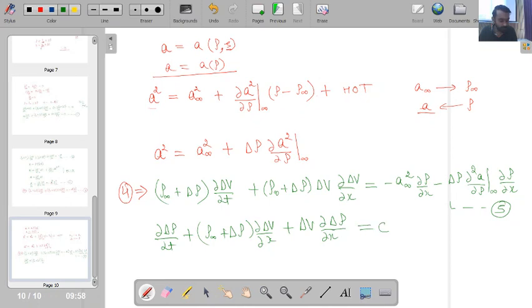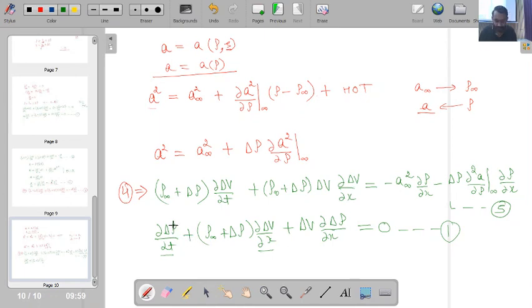So this is my equation number 1. It means that if you introduce any disturbance in the one dimensional case, in x and time, it is given by these two equations. This is your continuity equation.